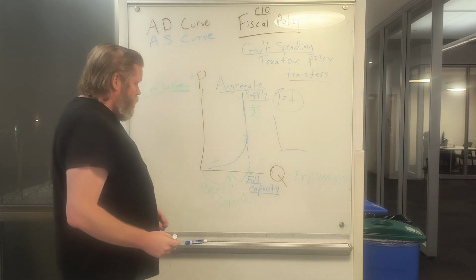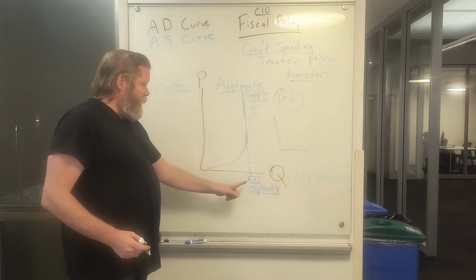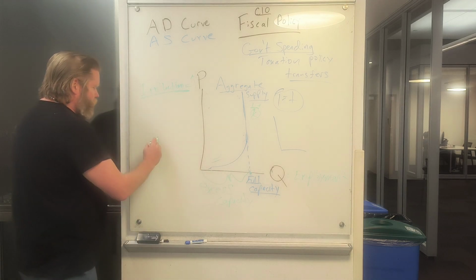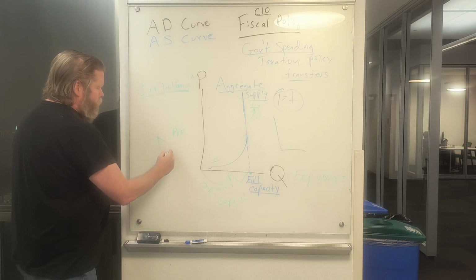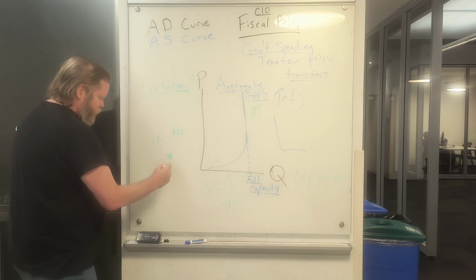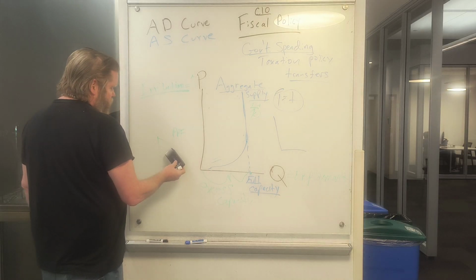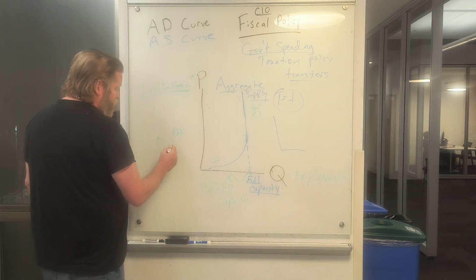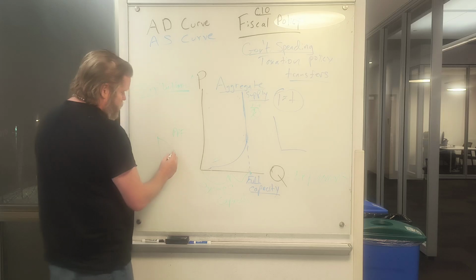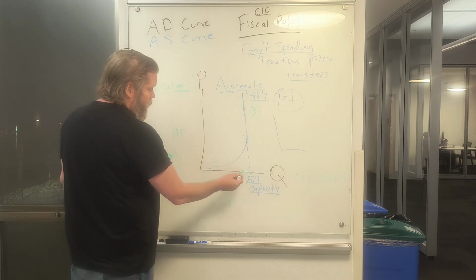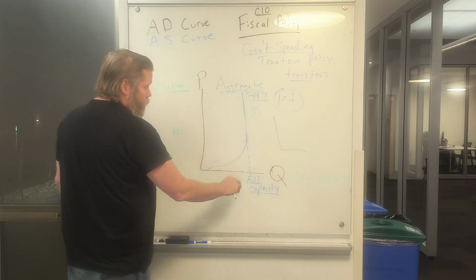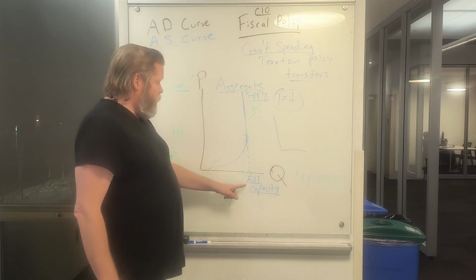So this is full capacity here, and getting back to that production possibilities frontier, we're inside of it here, okay? That means that society could be producing more here, in here, and anywhere here, okay? Just like this, for example. At this point, there's more resources available than are being used.